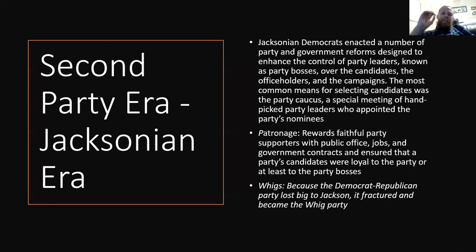So Jacksonian Democrats enacted a number of party and government reforms designed to enhance the control of these party leaders, who would become known as party bosses, even over the candidates, the office holders, and the campaigns themselves. It really would narrow; party power and control would funnel down into a very small group of people who are, again, unelected, and they control the party politics.